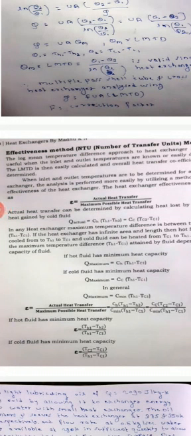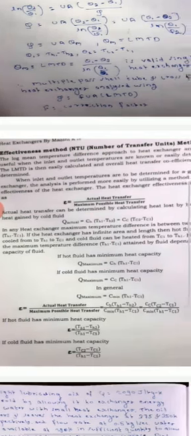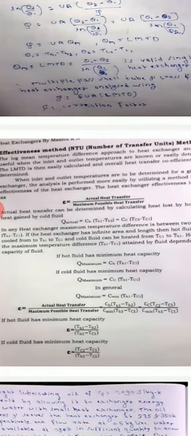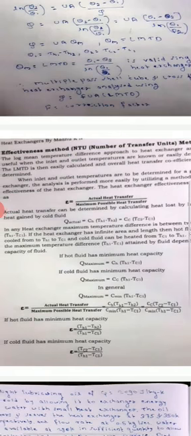Therefore, the effectiveness of the heat exchanger is the ratio of actual heat transfer divided by maximum possible heat transfer. We can write the equation Ch into bracket Th1 minus Th2 divided by C minimum into bracket Th1 minus Tc1. Similarly, for the cold fluid, Cc into bracket Tc2 minus Tc1 divided by C minimum into bracket Th1 minus Tc1.